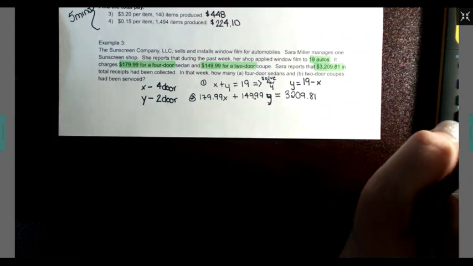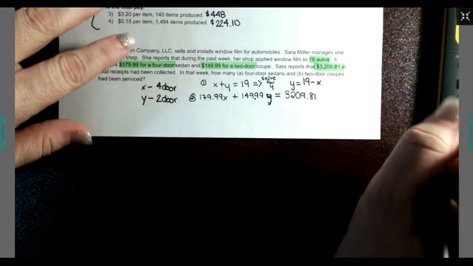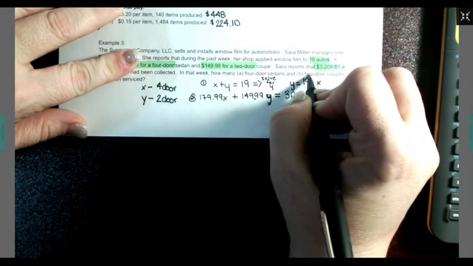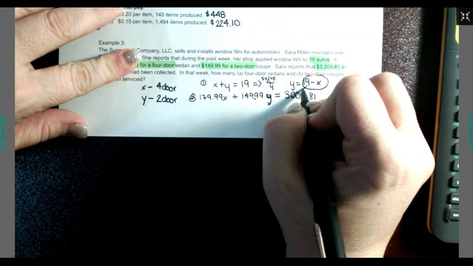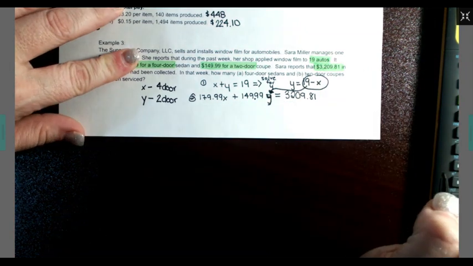Now I have an equation set for Y, and I have an equation that has X and Y on the same side. What I'm going to do is substitute. I'm going to plug this in right there.